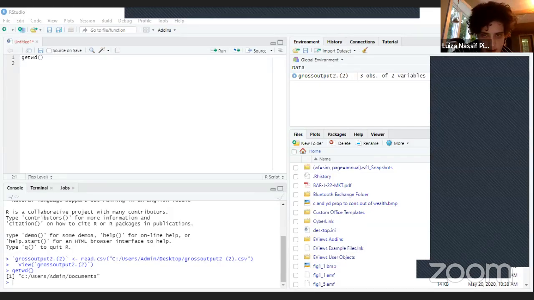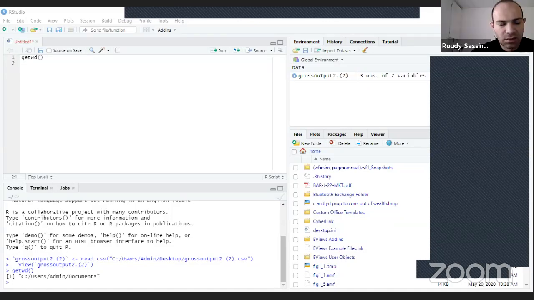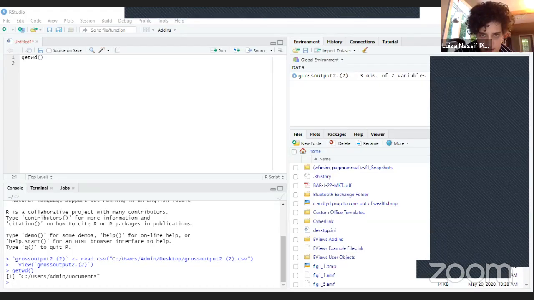The other option you have is, you see you have like four windows in your RStudio, right? The one on the top right, the environment window. There is that open folder icon there, the first icon to the left, near the save icon. You see that? Do you see the environment window? Right below the word environment, there is this icon, a folder with a green arrow on top of it.